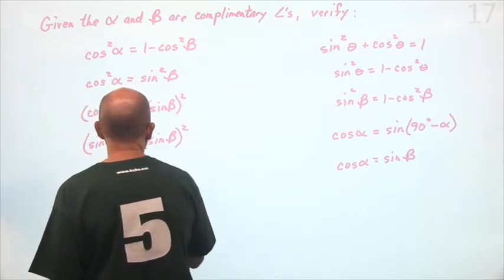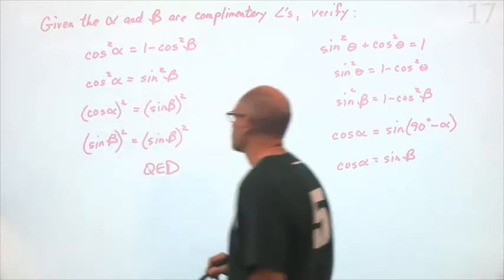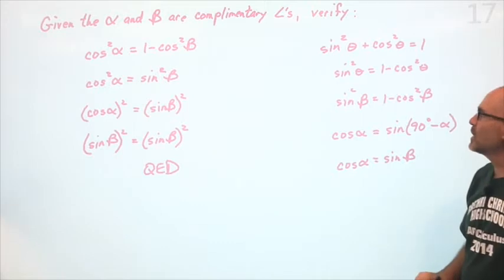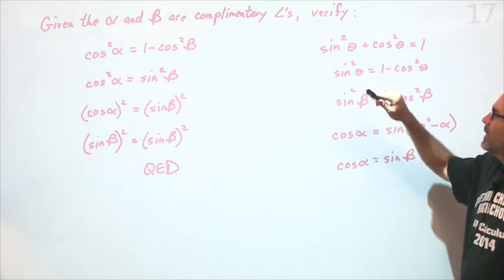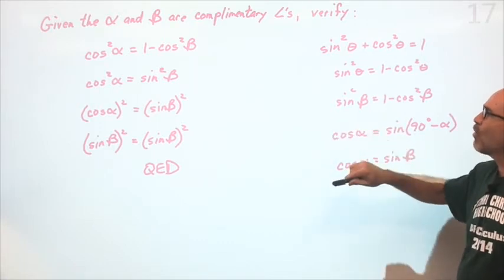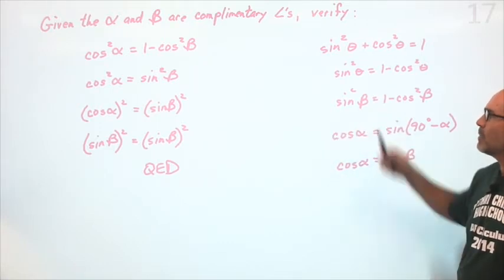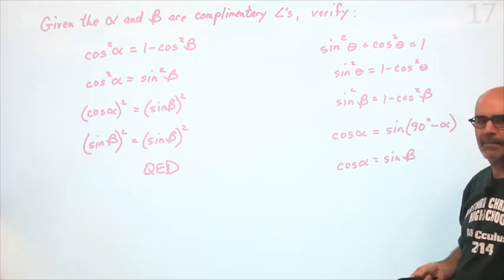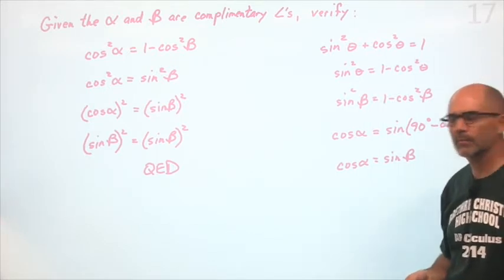That's it, game over. So it's really pretty simple. You just have to realize with sine and cosine being cofunctions, and you have your Pythagorean theorem, that it works out pretty easily. Okay, let's try one more.